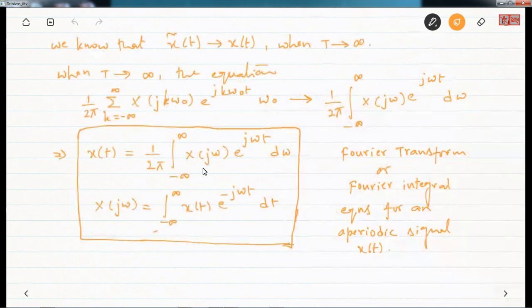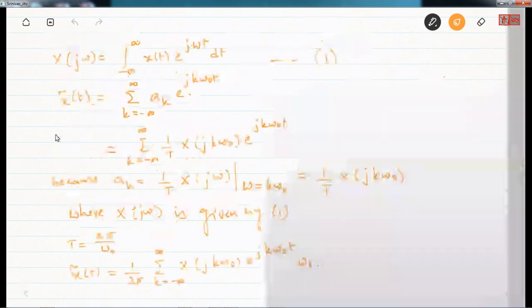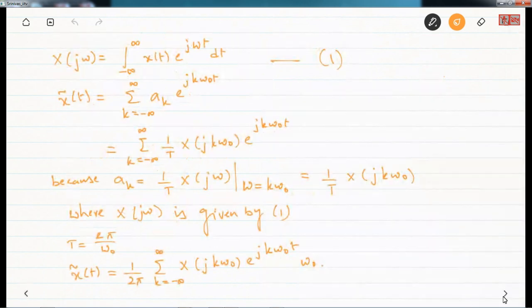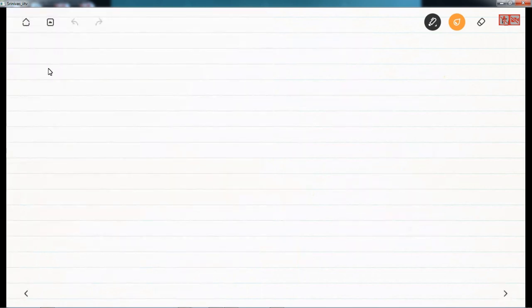So just to continue with this, now I'm talking about these two equations.